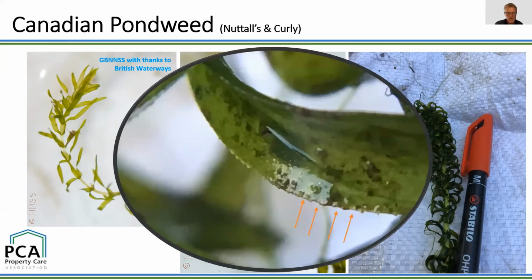Those orange arrows show you where the little teeth are along the edge of the curly waterweed. You'll need a hand lens to be able to see that, like a watchmaker's hand lens, about ×10 magnification. You can pick those up quite cheaply from various online sources.